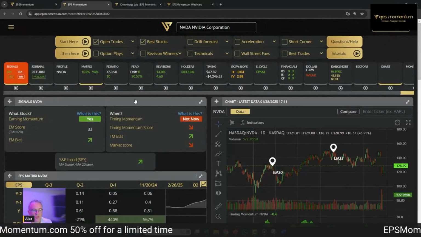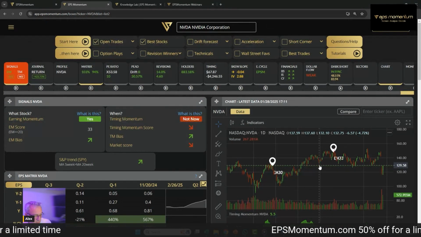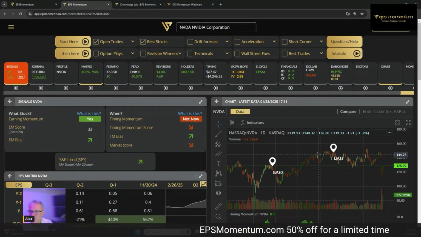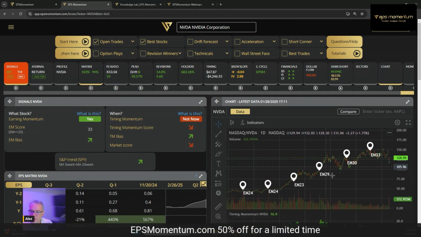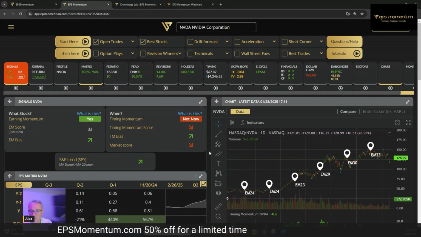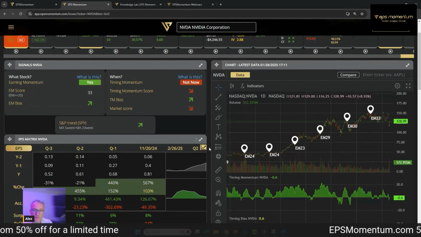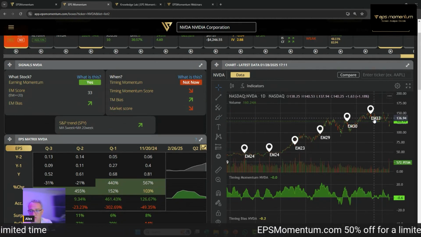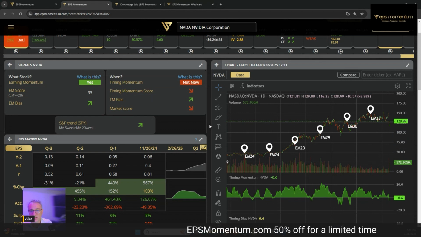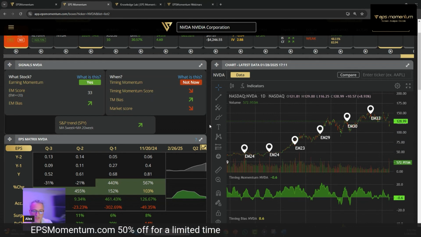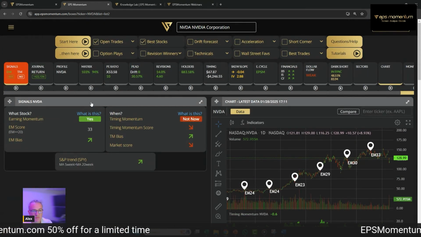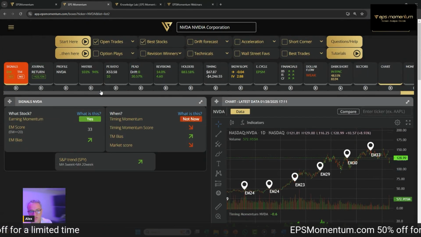So let's go over the basics of EPS Momentum, which is based on something unique. The earning momentum model, and you can see it on the EM here on the screen, is based on earning per share and sales absolute momentum, that you can track with many of the metrics that we know in the system.